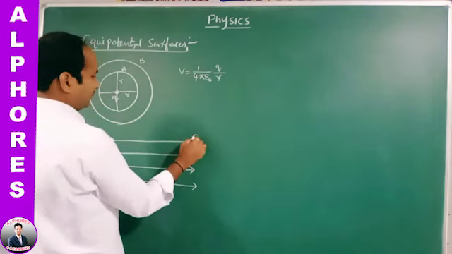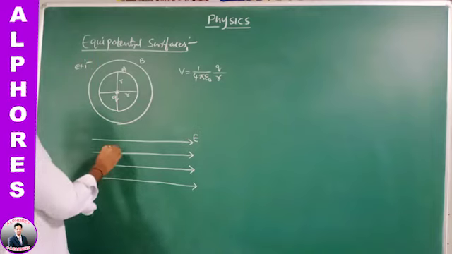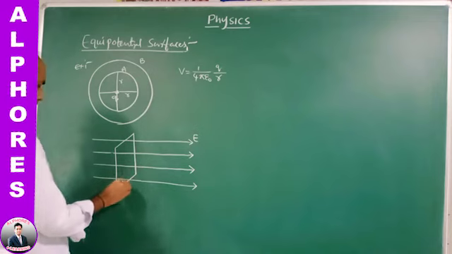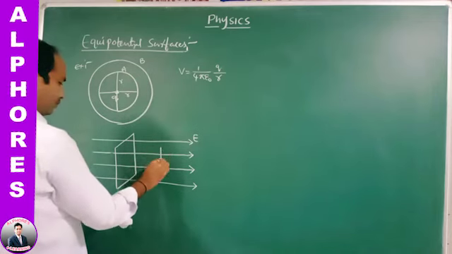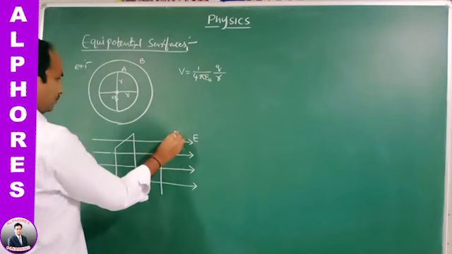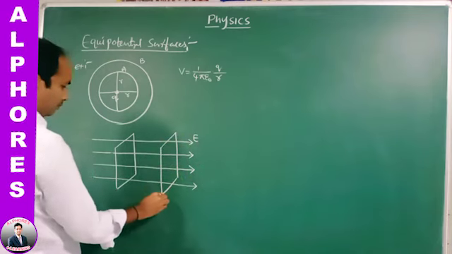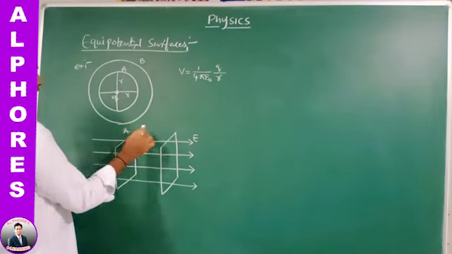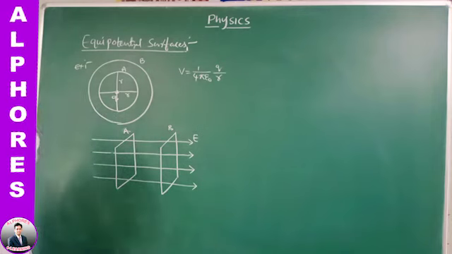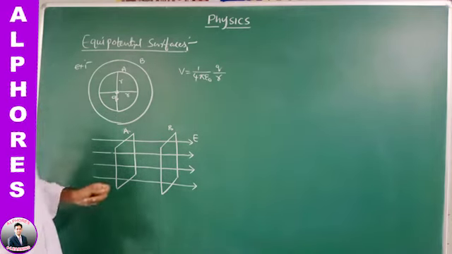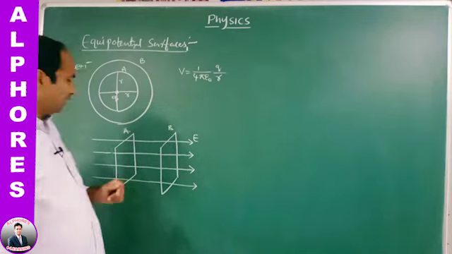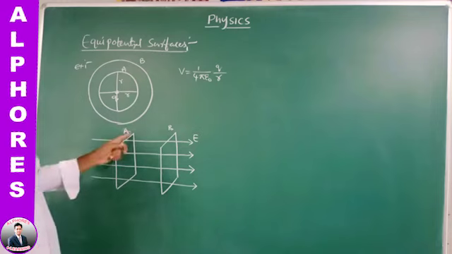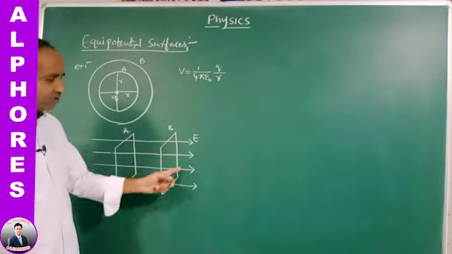This is the direction of E. In such conditions, the plane normal to the surfaces, now let us take this is C, here A, again B. If you observe a unit area normal to the electric field, these two are also equipotential surfaces. This is an equipotential plane. This is also an equipotential plane.